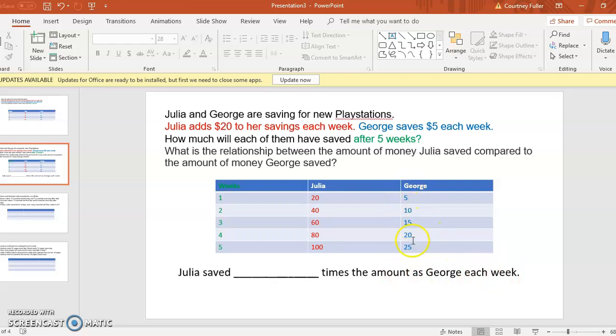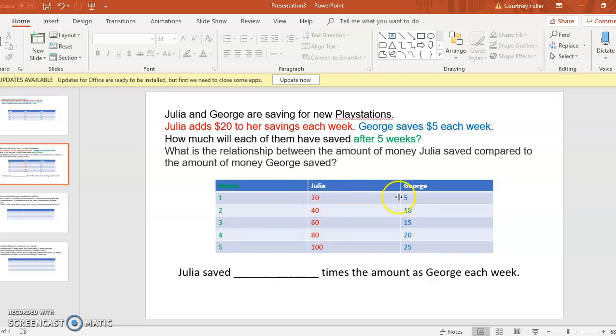So we have George's amount and we have Julia's amount. Julia's amount equals George's amount times a certain amount. So George times something equals Julia.